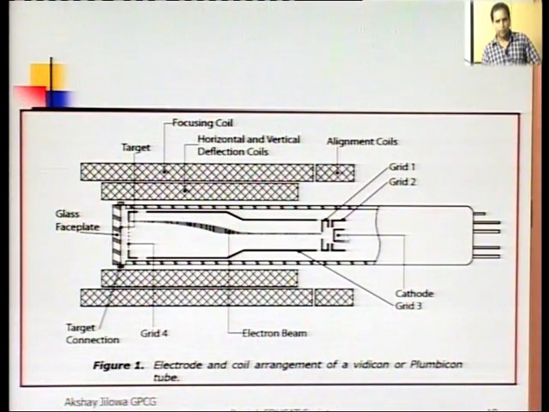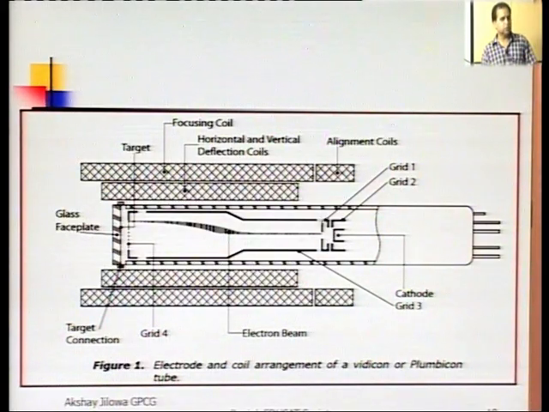This is the cathode. When we give supply to this tube, this cathode is excited, and the electrons are liberated from the cathode. Cathode is where electrons are liberated from. Then we have two grids, grid number 1 and grid number 2.